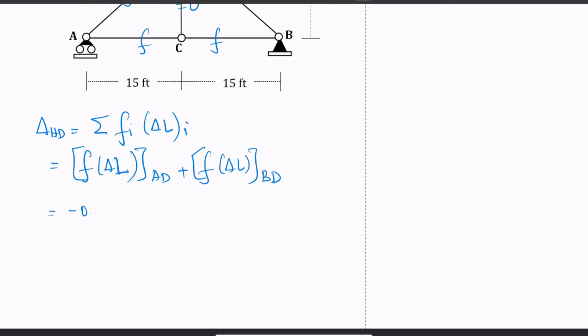Okay, so we already calculated the unit load, so it will be minus 0.2 plus 0.83 into 0.2, and this will give you 0.33 feet.